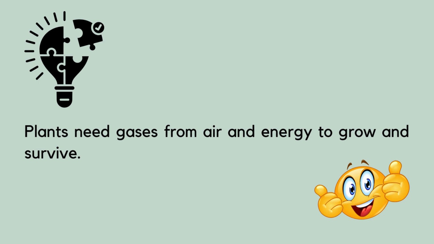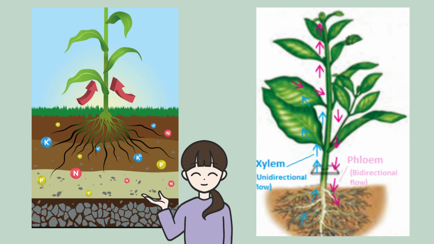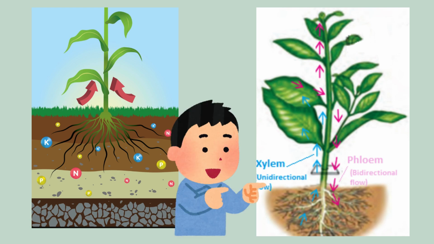Yes. So the water and nutrients must be transported to the leaves, and also the food that a plant will get the energy from. Okay, this food is manufactured in the leaves, so it needs to be transported to all the plant parts to get energy, okay?